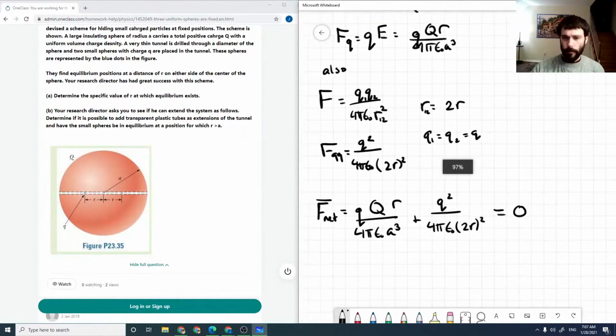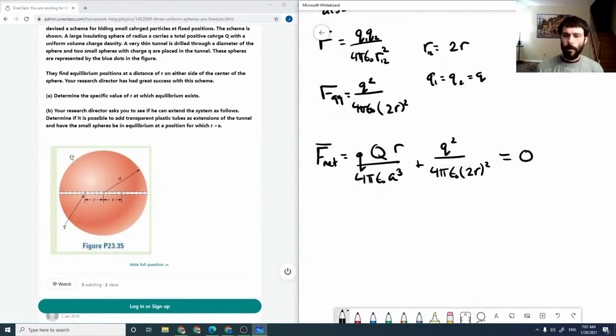Now we need to rearrange things. First of all, we can get rid of a q, and get rid of a 4 pi epsilon naught. So that'll help a little bit. Then let's migrate some things and expand some brackets here.